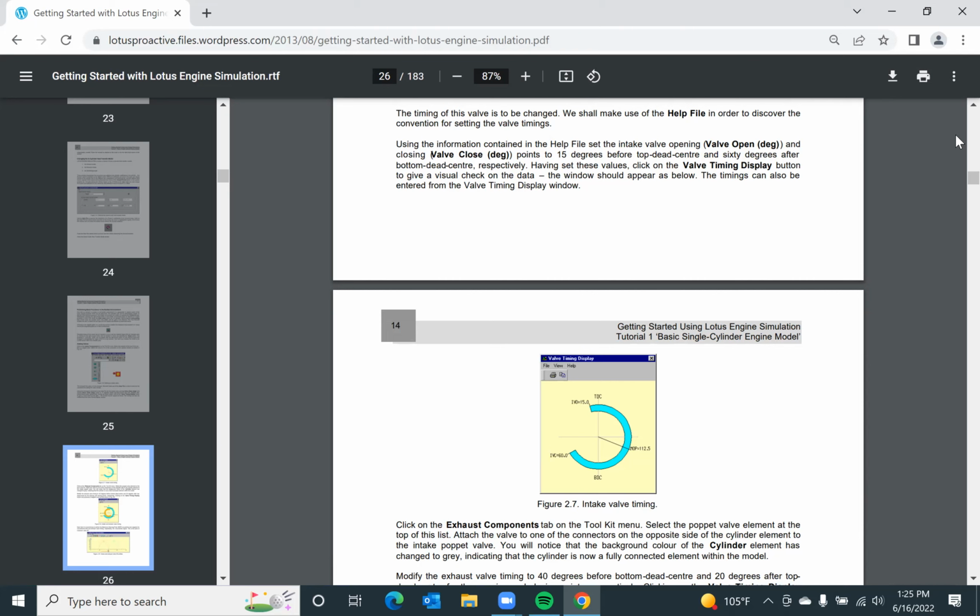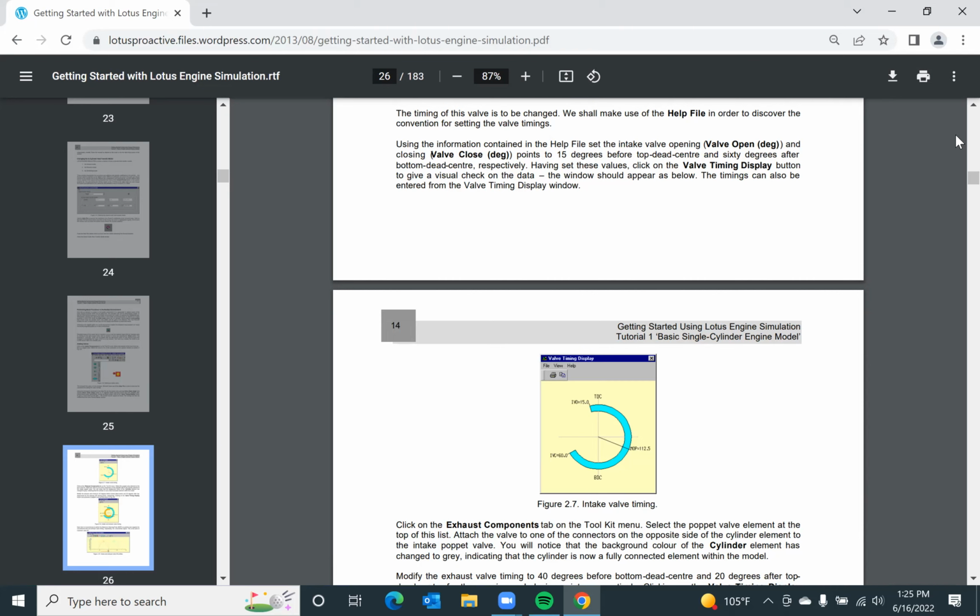So what it means, and this is very important, from a theoretical point of view, when the crankshaft is at 0 degrees, the intake valve should open, and when the crankshaft is at 180 degrees, the intake valve should close. Do you agree with me? Because during suction, the intake valve should open, and at the end of the suction, the intake valve should close. Suction is 0 to 180 degrees.